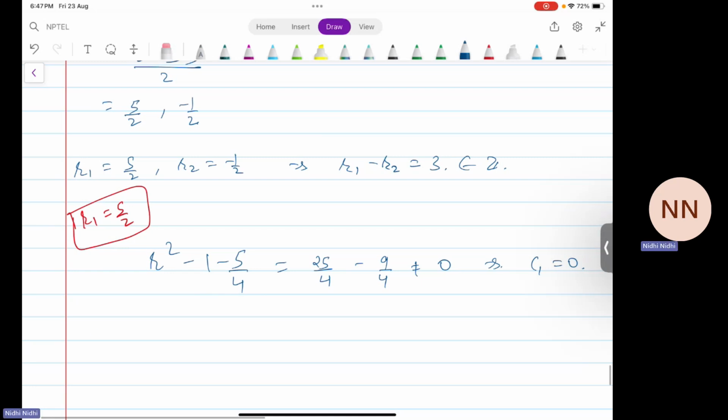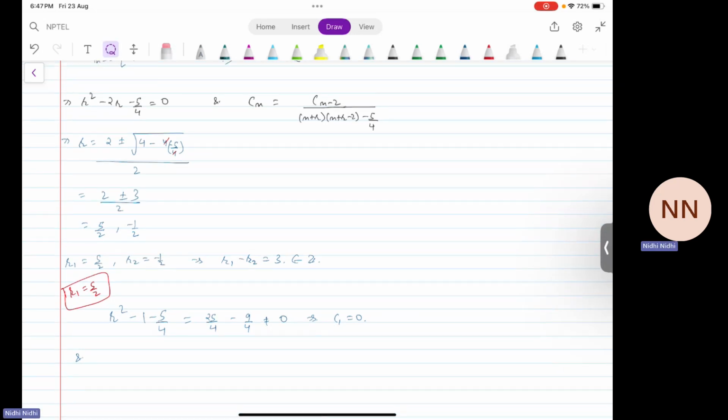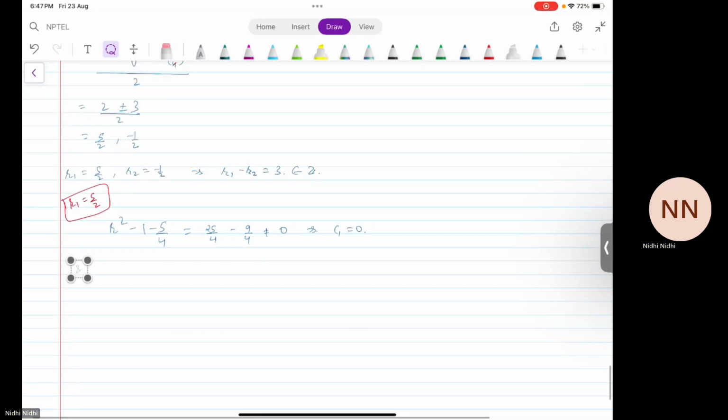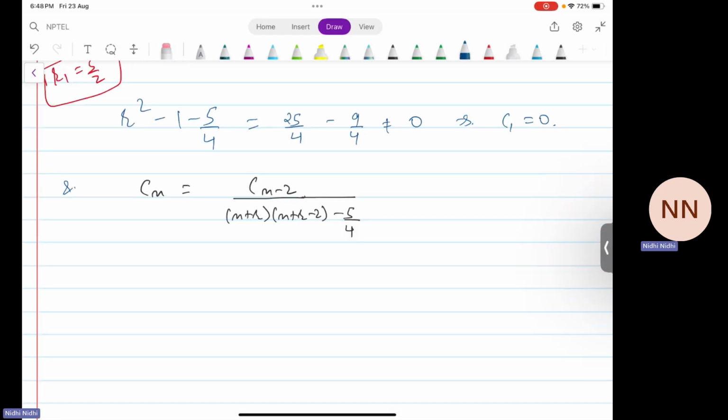And we have, putting the value of r, Cn minus 2 by (n plus 5 by 2)(n plus 5 by 2 minus 2) minus 5 by 4.